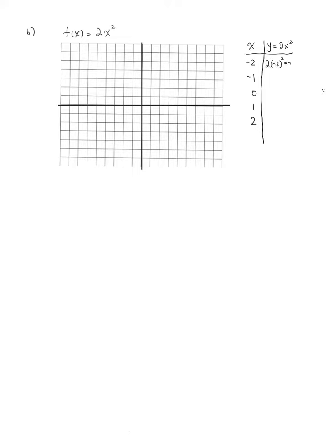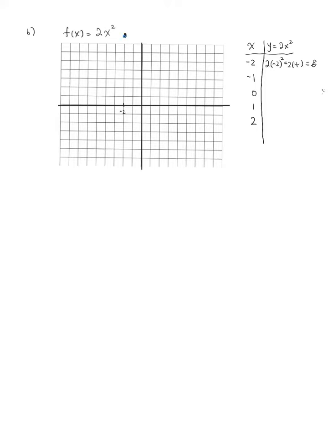So this is going to be 2 times 4, so it's 8. That's an 8 right there, sorry. So what we need to do is plot the point -2, 8. So let's go with -2, 8. 6, 7, oh no! 8 is probably right here.